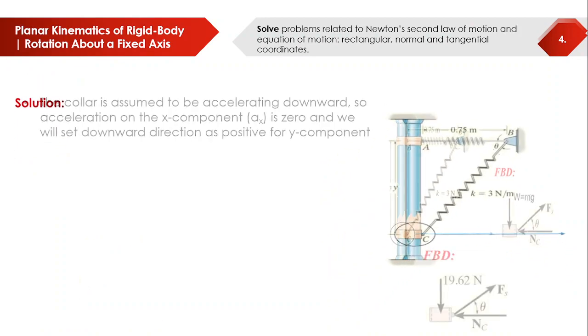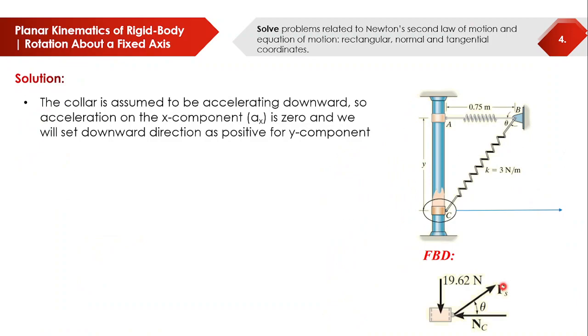So the collar is assumed to be accelerating downward. So the acceleration in the x component, a sub x, is 0, since it has no movement horizontally. It only moves vertically because it is a collar on a vertical rod.